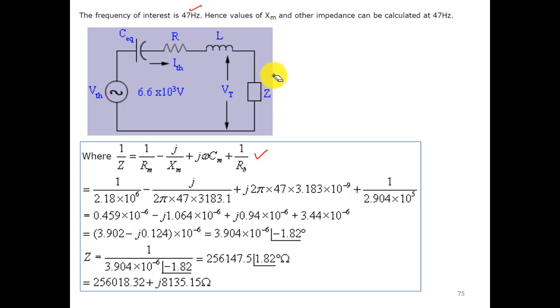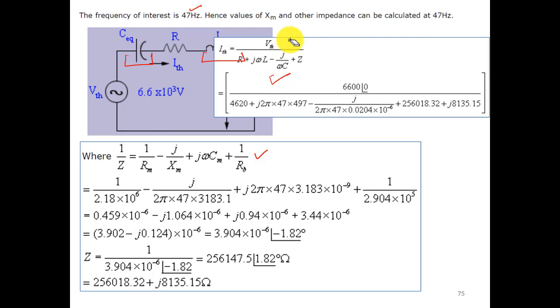After finding Z, we can substitute here, and Z is in fact calculated at 47 Hz, and also the drop across L and C equivalent are both calculated at 47 Hz, and then we can find the ITH, that is the current passing through this circuit.